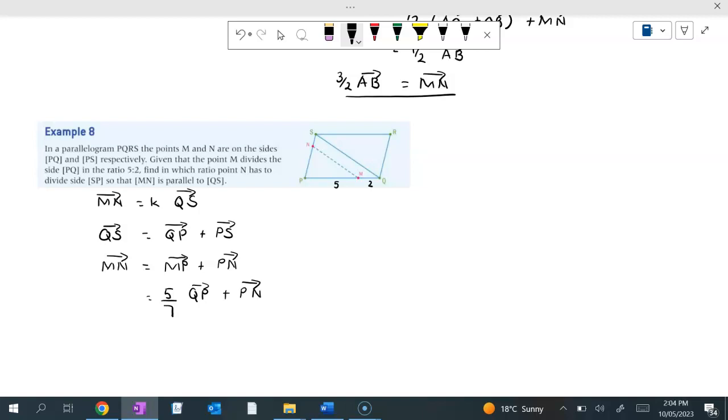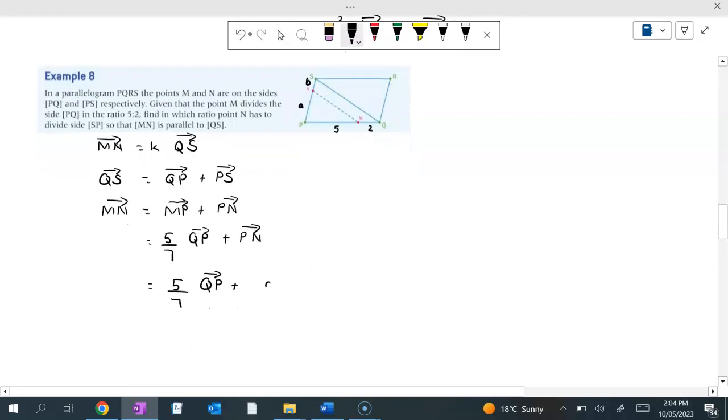Now, if I say this is divided in the ratio A to B, then I can say that PN is A divided by A plus B lots of PS. But we also need MN to be some multiple times QS. So this is K times QP plus K times PS.